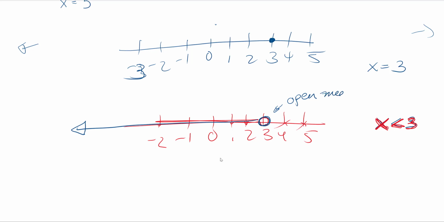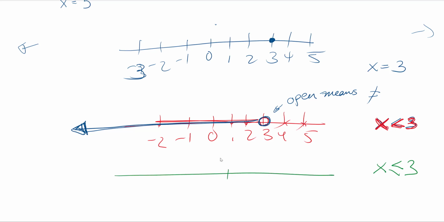So that means that there's no equality. So we only take all the x's that are less than 3, and again, when we have this arrow pointing all the way to the lowest numbers, to negative infinity, it means it's all the numbers that are less than 3.